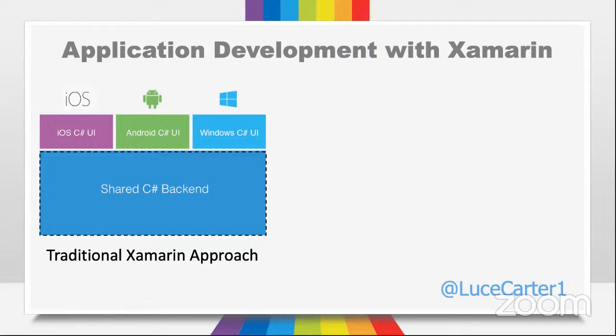Now, you can see here from this diagram that you've got the iOS, Android, and Windows options. Now, the traditional Xamarin approach, as you can see here, uses shared business logic. You then got the UIs, as I said, declared for iOS, Android, and Windows. Now, Xamarin does actually support more than just mobile, which is why I've called it an application development framework.